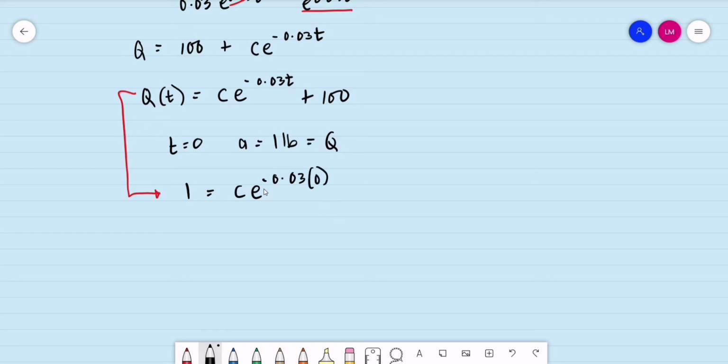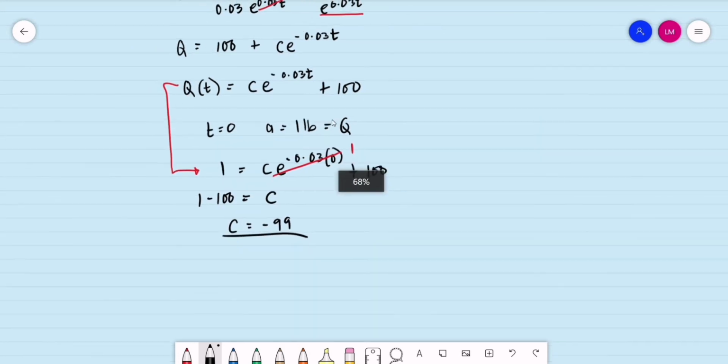That is 0, plus 100. So we know that negative 0.03 times 0, e raised to that is the same as 1. So we have 1 less 100 is equal to C. The value of the constant is 1 minus 100, which is negative 99.